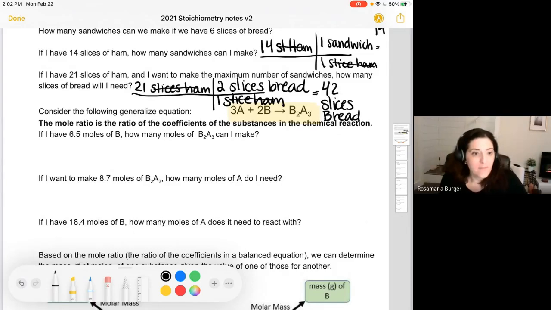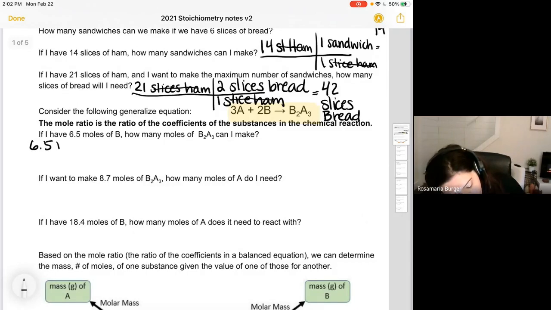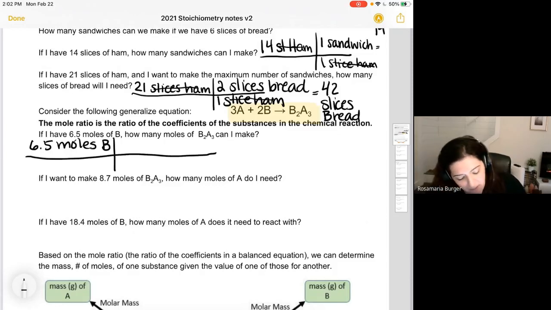So if I have 6.5 moles of B, how many moles of B2A3 can I make? Let's see. If I have 6.5 moles of B, and I want to figure out how many moles of B2A3 I can make, I first need to get rid of moles of B and get to moles of B2A3. I know that it's a 2-to-1 ratio.